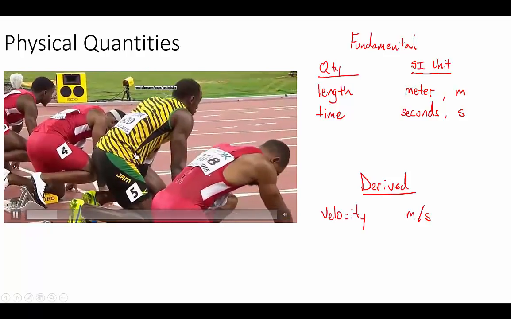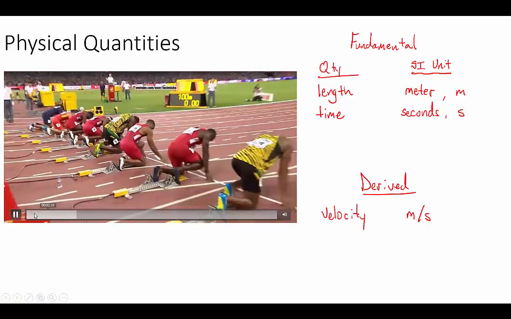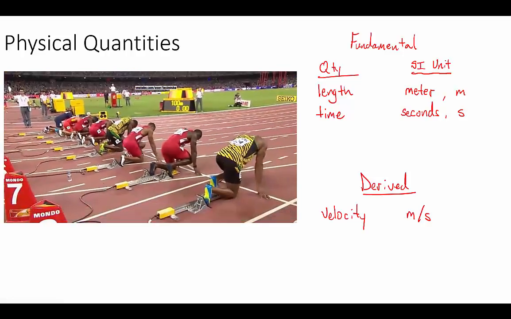But anyway, the other one that we're going to be dealing with is like how much he weighs, or his mass. We'll talk about the difference between mass and weight when we get into gravity. So his mass, and that's going to be measured in kilograms, which we'll write as kg.